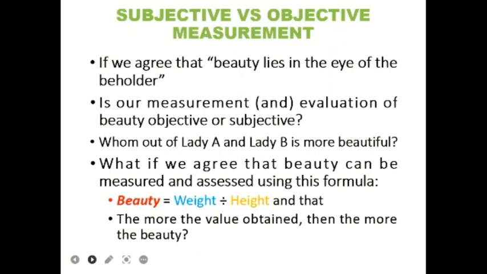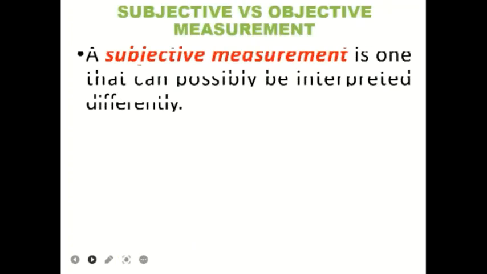So we are trying to operationalize measurement, objective measurement now. So if we all agree that beauty can be measured and that we are using a pre-specified rule, weight divided by height gives you a measurement of beauty, and the more the value, the higher the beauty, in that case, we can clearly say that we are measuring objectively.